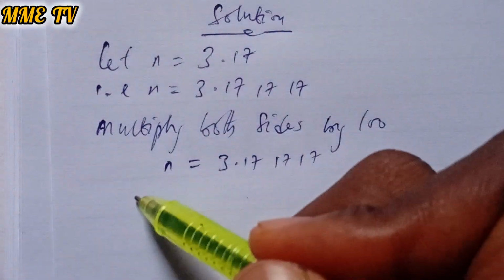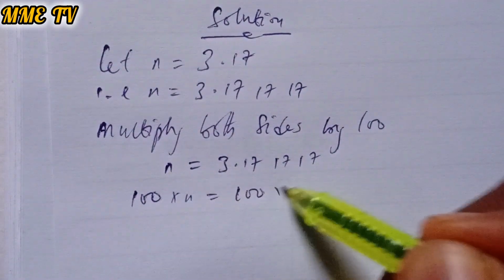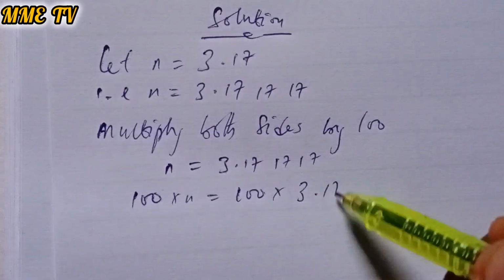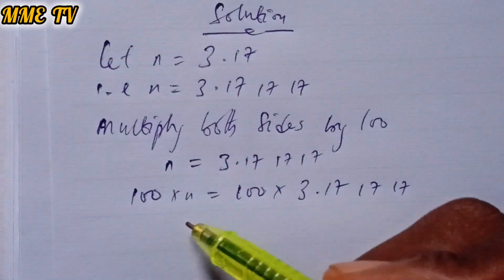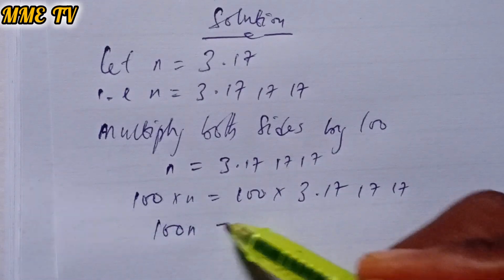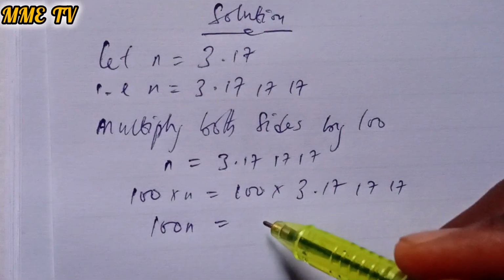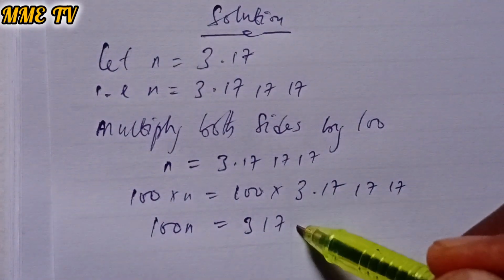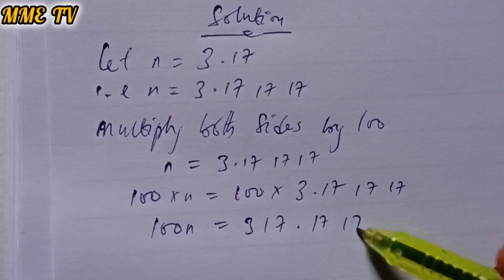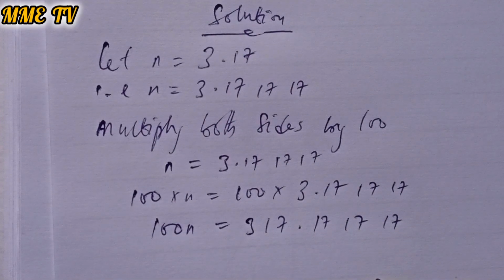Now, if I'm going to multiply the first side with 100, I'll also do that to the other side, which is going to be 100 times n will give us 100n is equal to 100 times 3.171717, which is 317.171717. Now, what do you do here now?